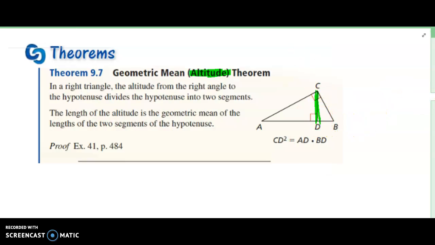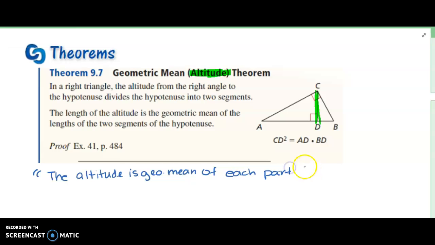So when we want to find the length of the altitude, and once again, I'm going to put this in words, I could say the altitude is the geometric mean of each part, and there's two parts, of the hypotenuse. So if this is the altitude, and I'm looking at this big triangle here, AB would be the hypotenuse, this would be one part of the hypotenuse, and this would be the other part of the hypotenuse.